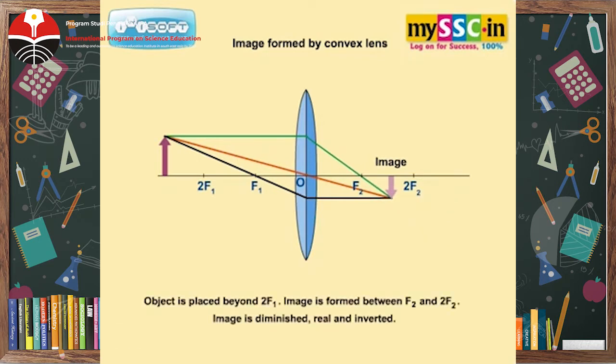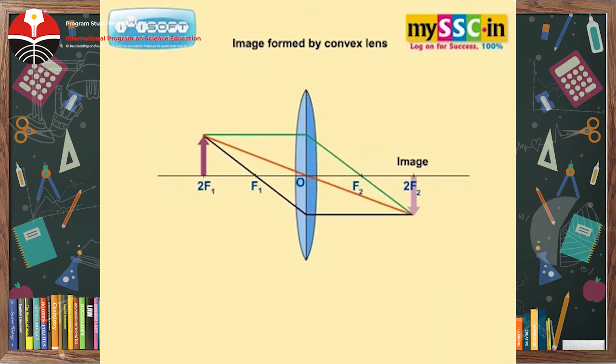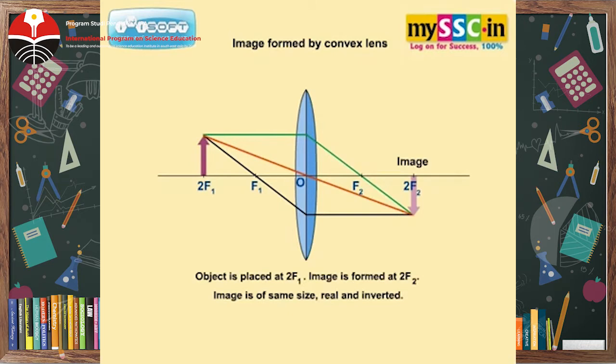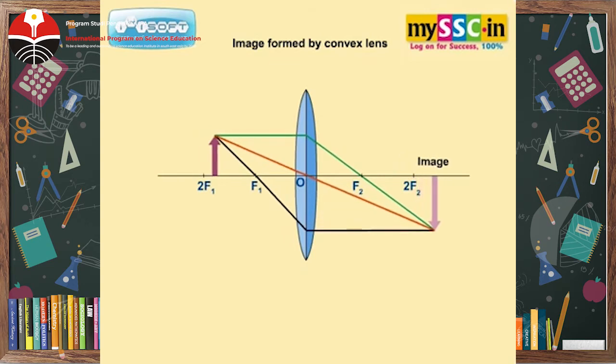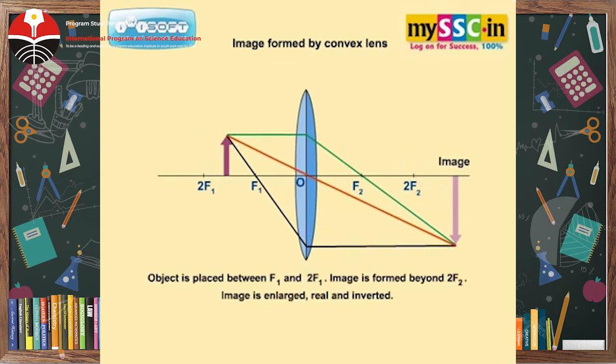When object is placed beyond 2f1, image is formed between f2 and 2f2. Image is diminished, real, and inverted. When object is placed at 2f1, image is formed at 2f2. Image is of same size, real, and inverted. When object is placed between f1 and 2f1, image is formed beyond 2f2.